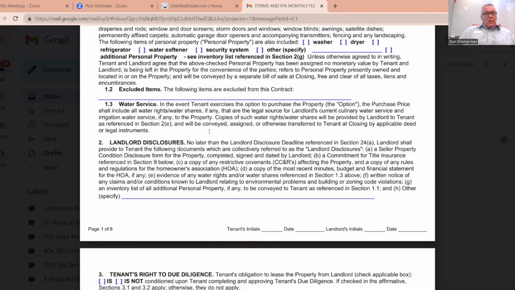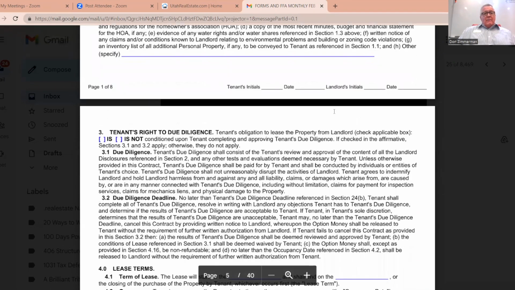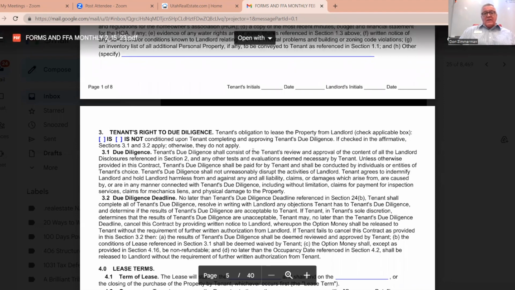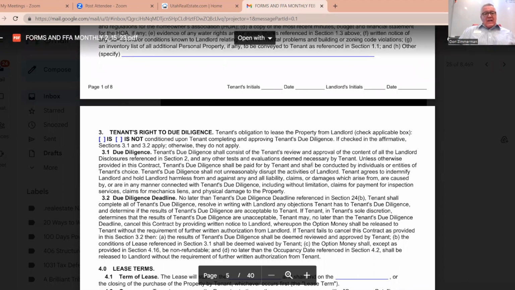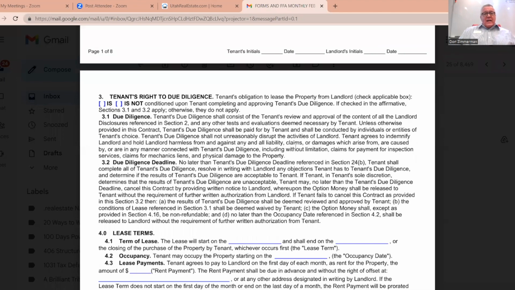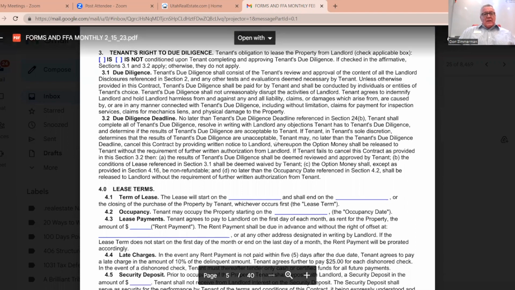So a lot of this, again, is boilerplate: water service, land disclosures, tenant's right to due diligence. The tenant's obligation to lease the property from landlord is or is not conditioned upon tenant completing and approving a tenant's due diligence. So, same thing as doing due diligence on a purchase, okay? Due diligence and the deadline talks about that.